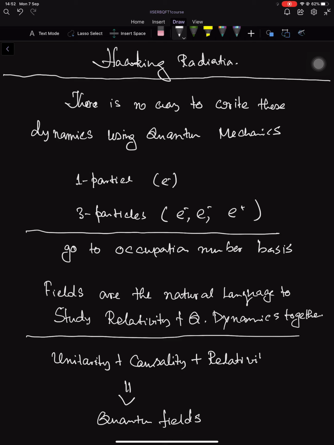This part is very beautifully explained in volume 1 of Weinberg. Actually, he spends, I think, around 10 chapters just to illustrate this point. So it is outside the scope of this lecture because it would take a lot of time to discuss. But in your spare time or maybe during your vacation, I encourage you to read volume 1 of Weinberg to know this point better.